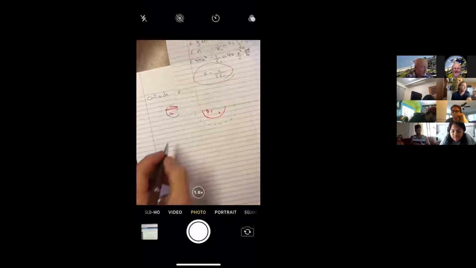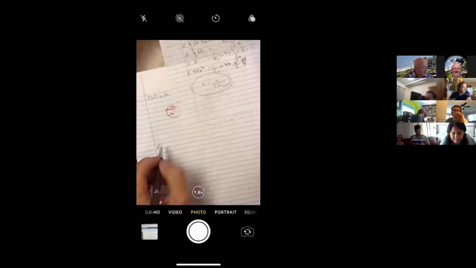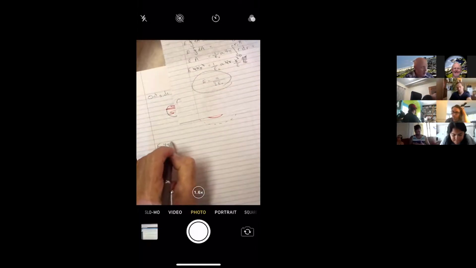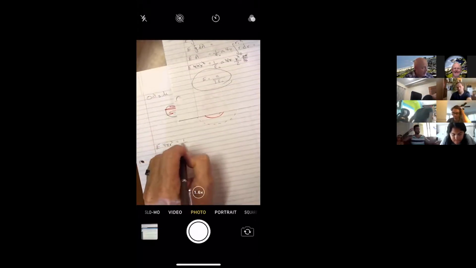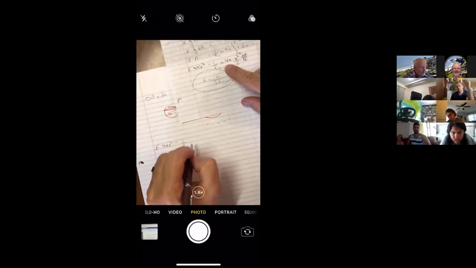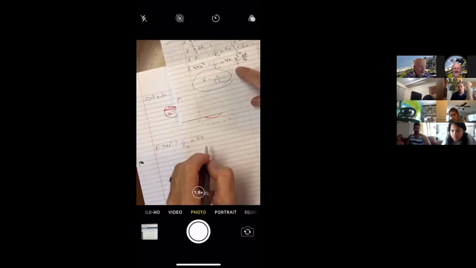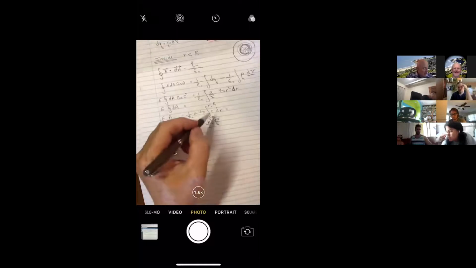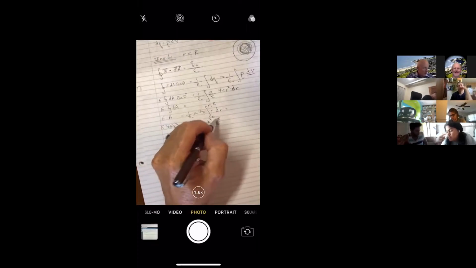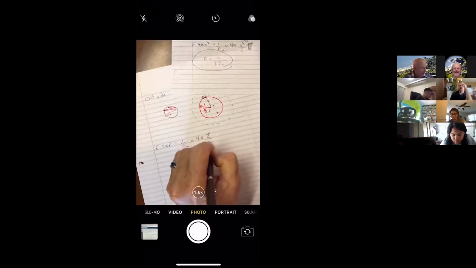So maybe to finish this problem, if I come back and say, take this line, E times 4 pi r squared equals 1 over epsilon naught times a times 4 pi, and then as I said, in this case, we'll go from 0 to capital R. This would be capital R squared over 2.